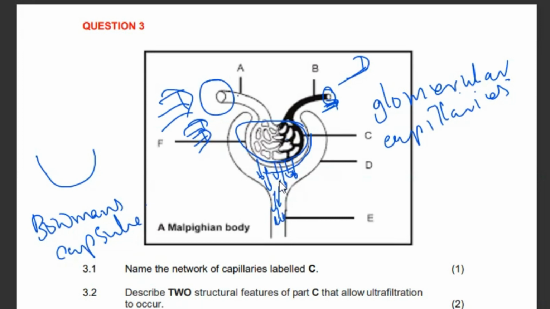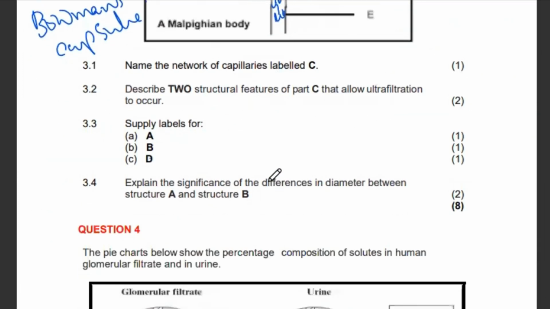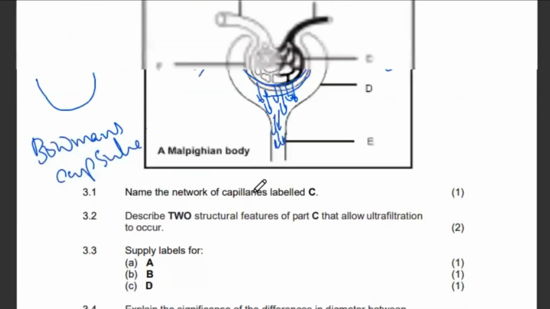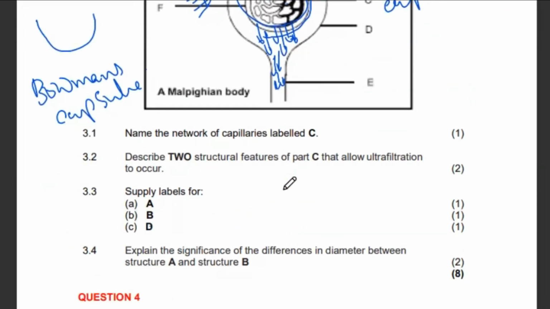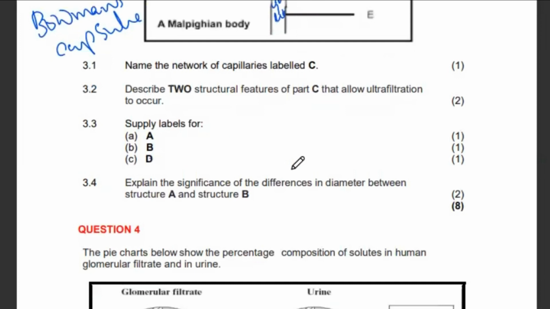But if D was also included, then you would have talked about the presence of the podocytes. But the question is not there. So, explain the significance of the difference in diameter: we say that it creates a pressure difference so that ultrafiltration can take place.